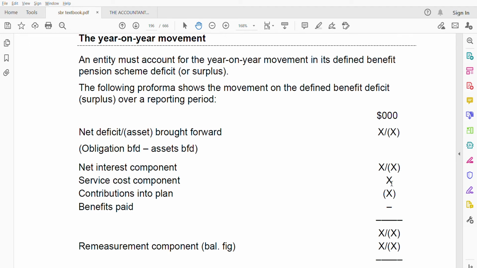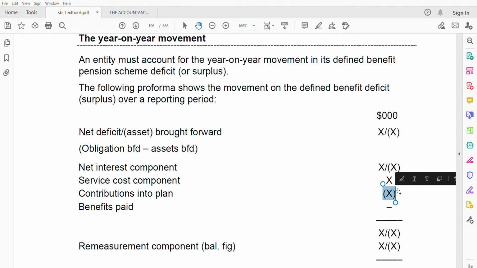But service cost is always added only, whether it is a net asset or a net deficit, that's why it's without brackets. Contributions into the plan are always deducted, no matter whether it is a net deficit or an asset, it is always minus only.